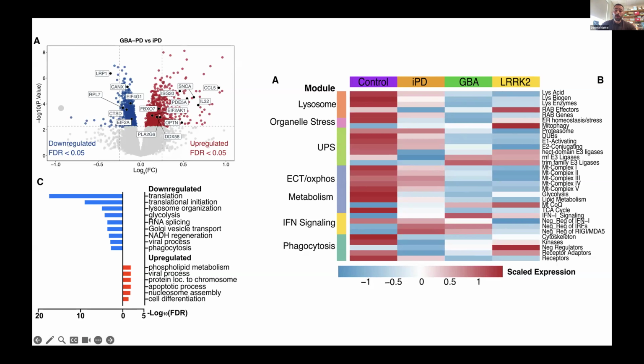And interestingly, we also observed upregulation of genes involved in mitophagy in LRRK2, which was not as much in GBA1 monocytes, and genes involved in maintaining endoplasmic reticulum homeostasis were actually downregulated in GBA1 PD monocytes. And this was accompanied by a downregulation in proteasomal subunit genes and down and up regulations of different ubiquitin ligases.